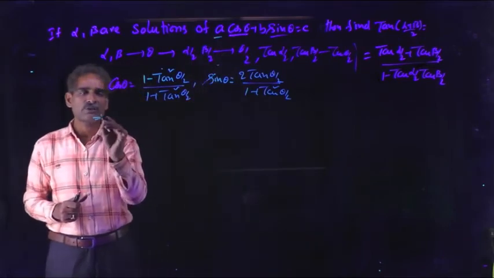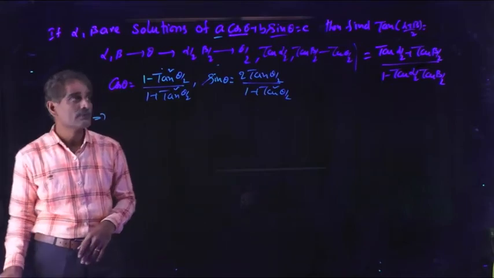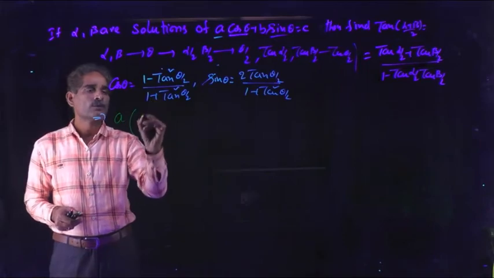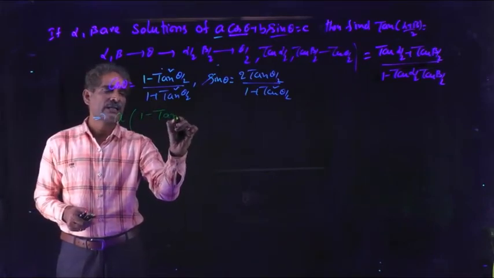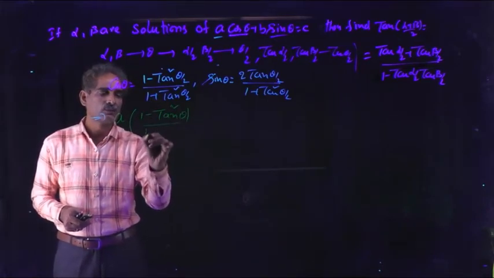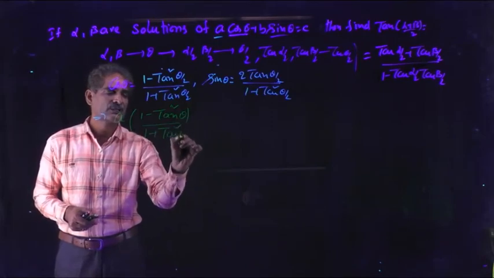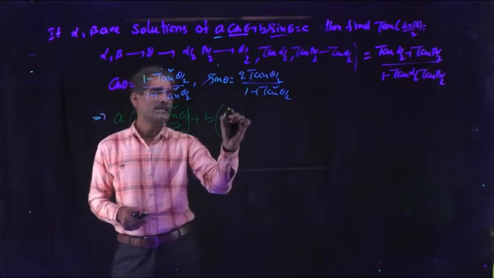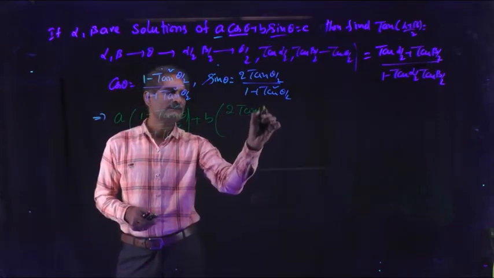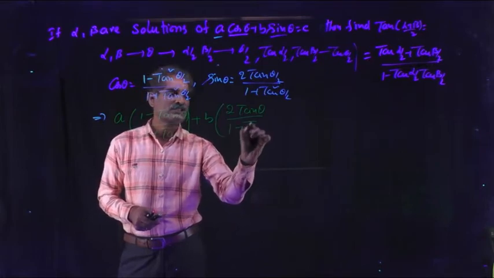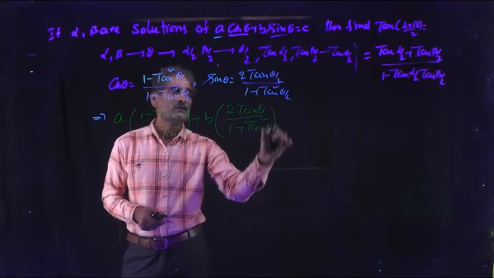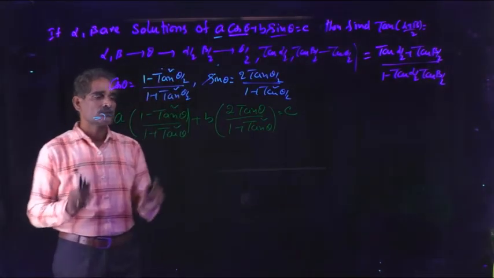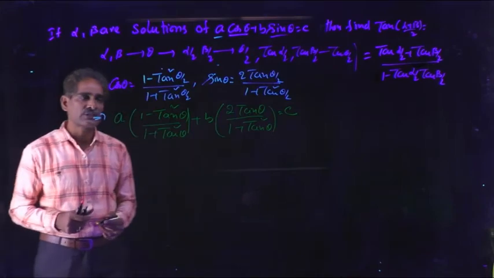Now the given equation becomes a into (1 minus tan square theta by 2) over (1 plus tan square theta by 2), plus b into 2 tan theta by 2 over (1 plus tan square theta by 2), is equal to c. Now we can change this equation into a quadratic equation in terms of tan.